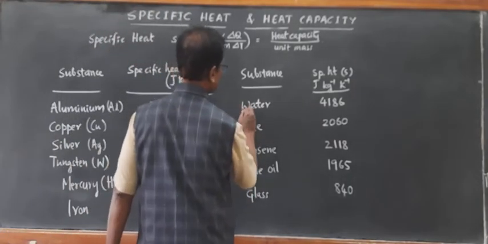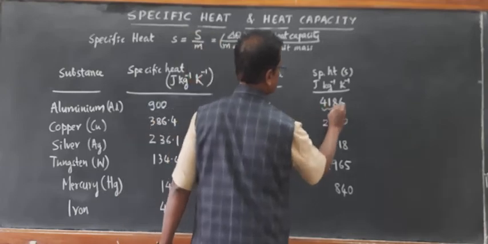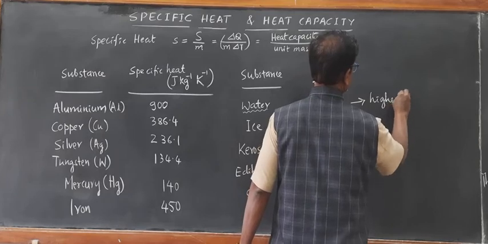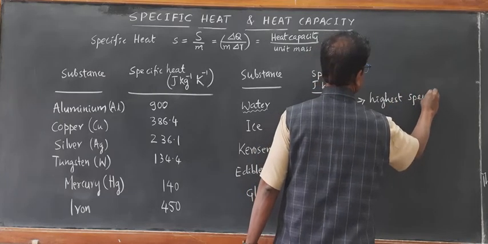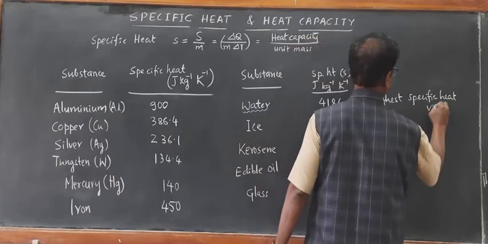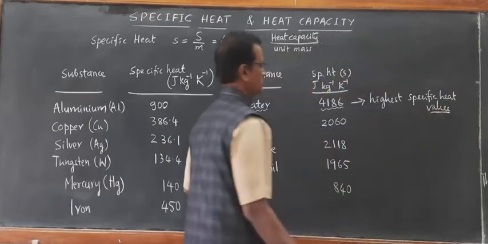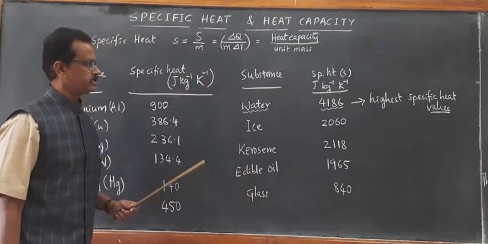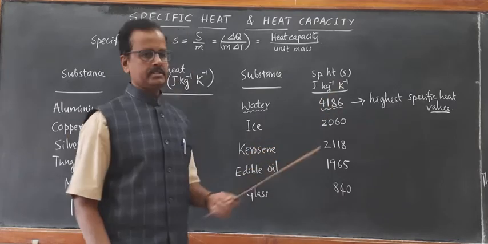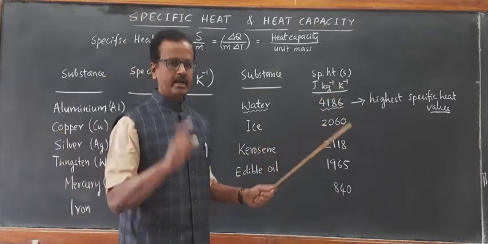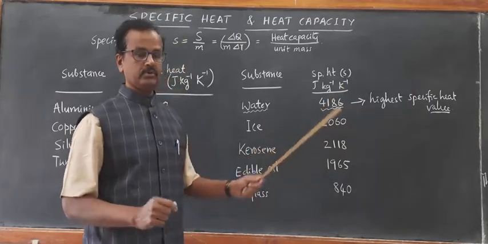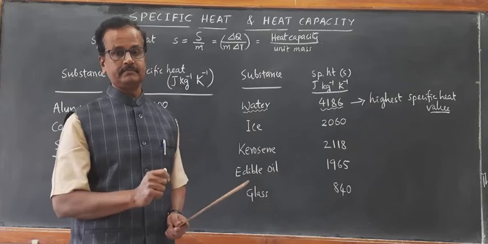specific heat, it is water. The water has the highest specific heat value. This has a very significant role in nature. It means in order to raise the temperature of 1 kg of water by 1 Kelvin or 1 degree Celsius, it requires nearly 4200 joule of energy.